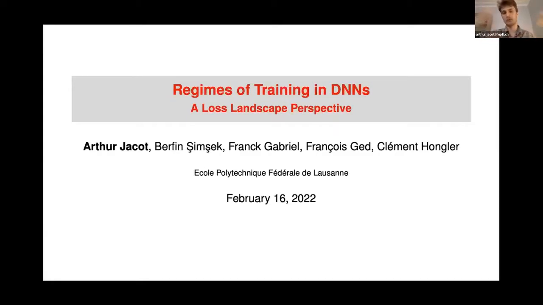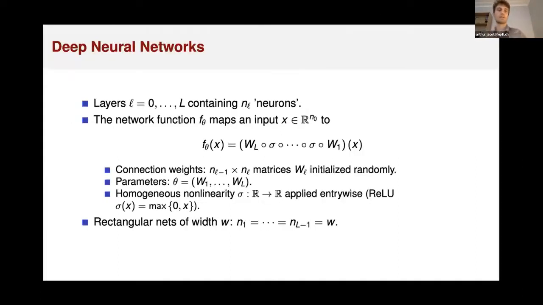You can even observe this transition in the infinite width limit. Let me shortly define what type of neural networks I'm going to talk about. I will talk about deep fully connected neural networks with layers numbered from 0, the input, to capital L, the output, with each layer containing NL neurons.